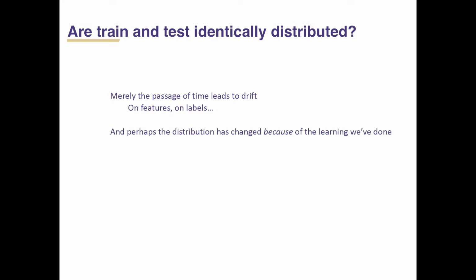And, worse than that, it's not simply that something exogenous to the world we're thinking about might change the set of distributions we're interacting with, but it might also be the case that some of the learning we have done has actually affected the distribution we see, for any number of different reasons, right? For example, maybe we have chosen to intentionally sample our training data in a way which is not IID from the distribution.